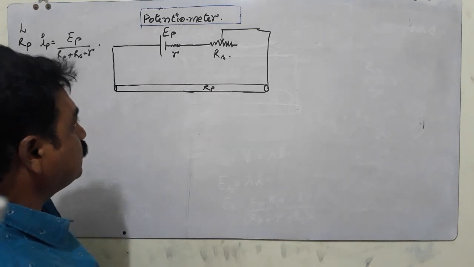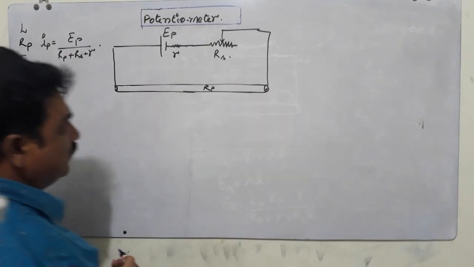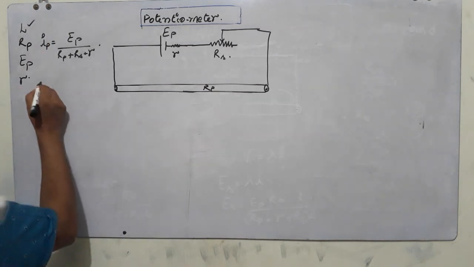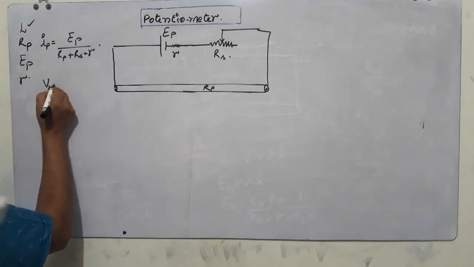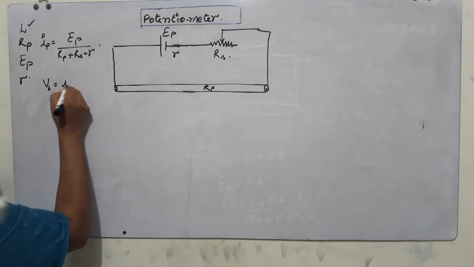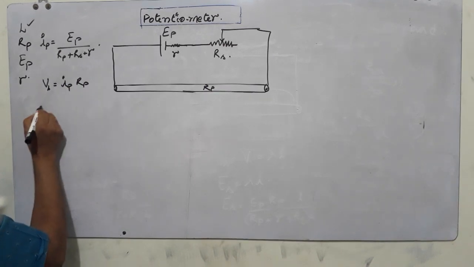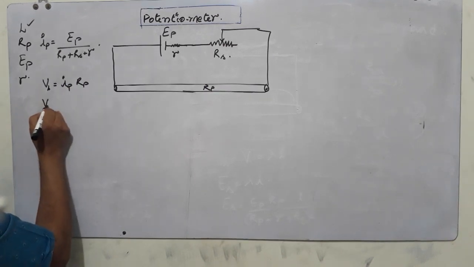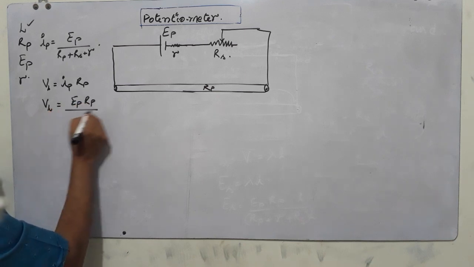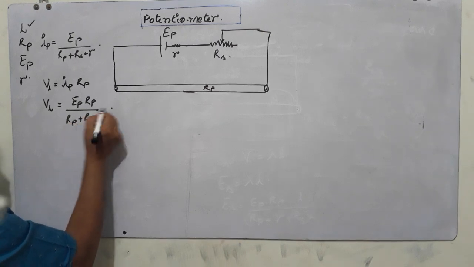And now if you take the potentiometer wire, say the length of the wire is L, the potential drop across this wire is VL. VL is equal to Ip into Rp, so this VL can also be given by Ep into Rp by Rp plus Rs plus r.